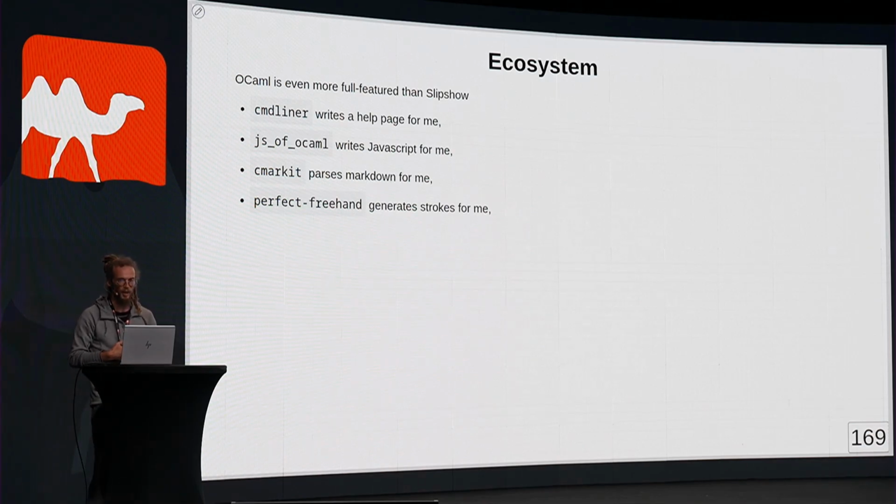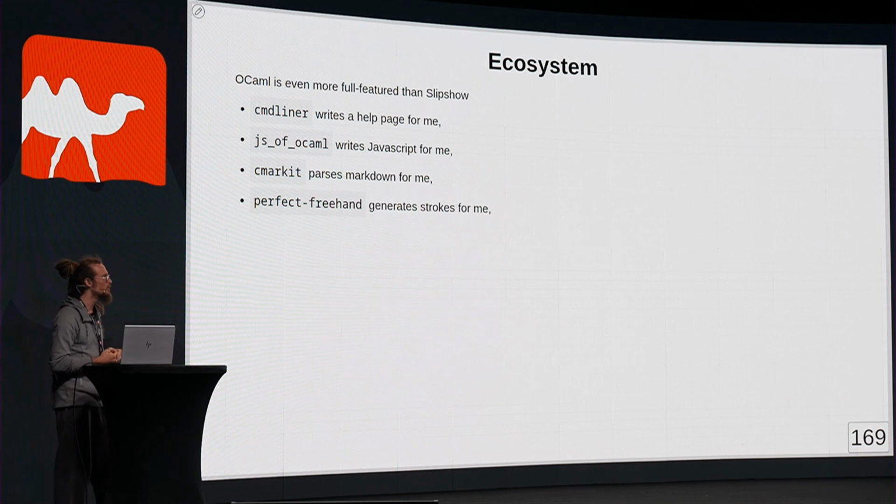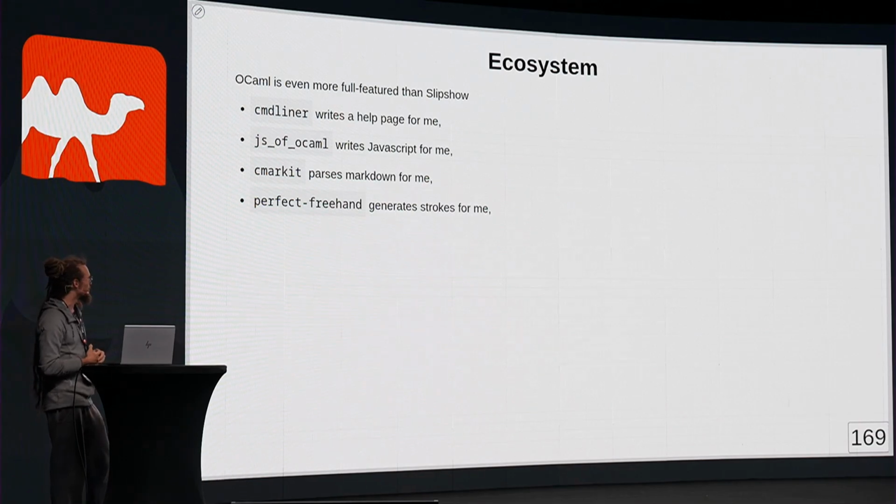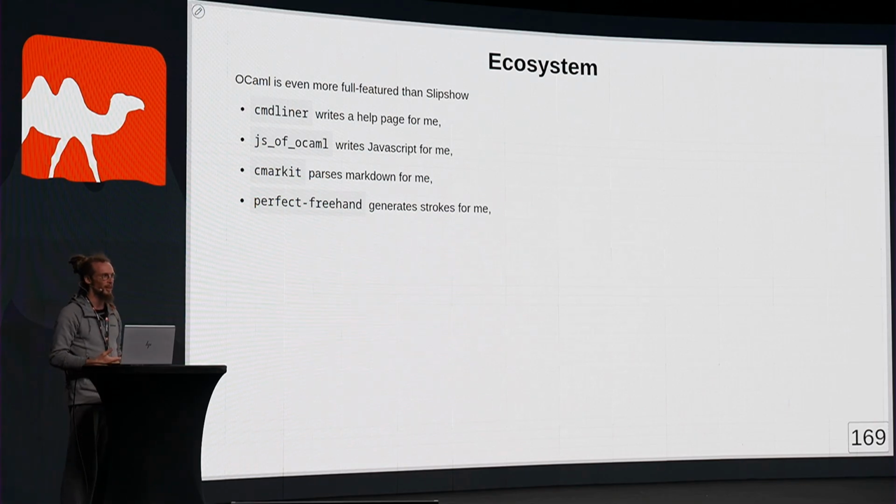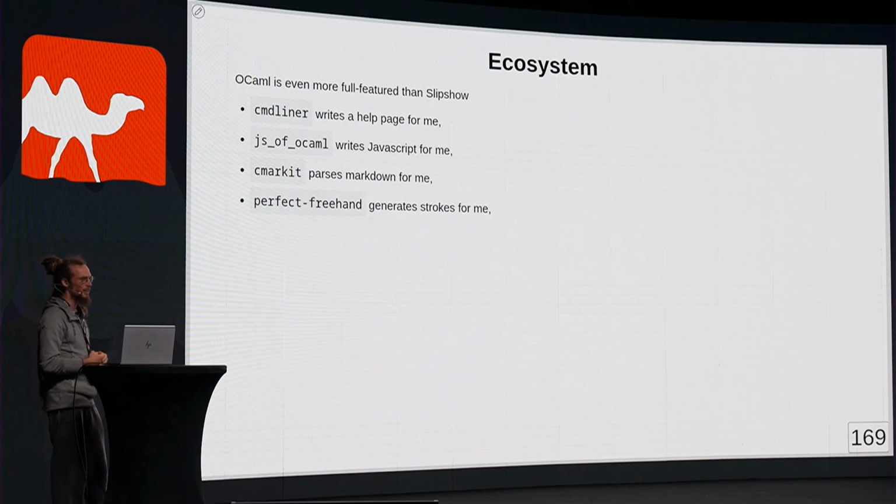So I use a lot of tools to not have to do things. And I rewrite them when I'm happy to do that, but most of the time I don't. Like the help page, I will never in my life have such a nicely presented help page without something that generated it for me.